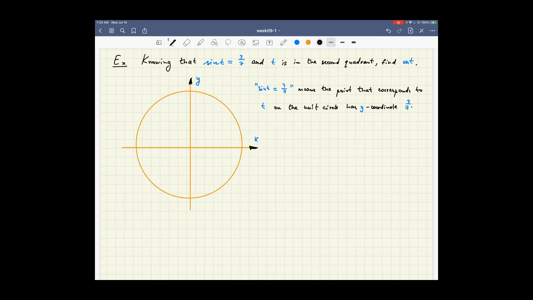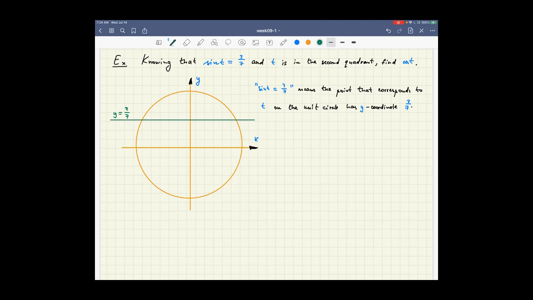Well, where are all the points in the plane that have the y coordinates 3/7? They are on the line y equals 3/7. So I can draw that line, y equals 3/7. Every point on this line has its y coordinate 3/7.